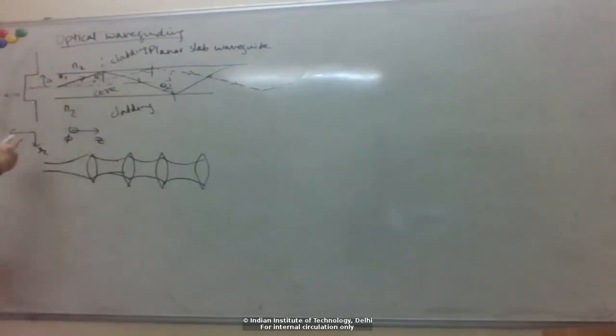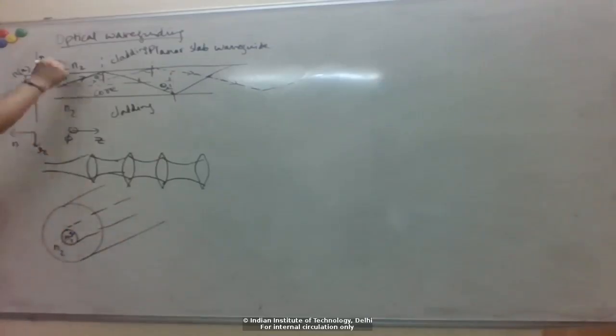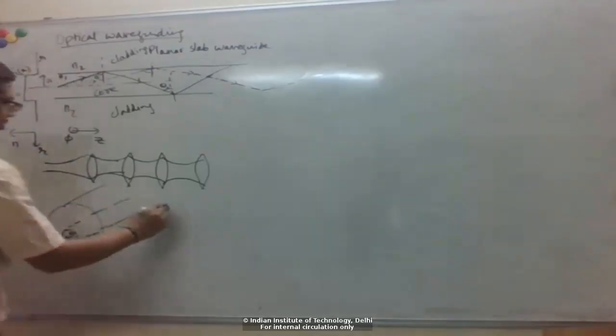If you have this profile along the radial direction for the refractive index, then if I draw in 3D, it looks like a cylinder, where you have N1 up to some radius a, and then N2 after that. So this is basically your optical fiber.